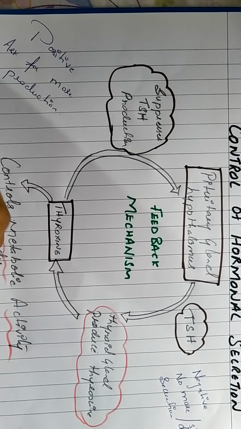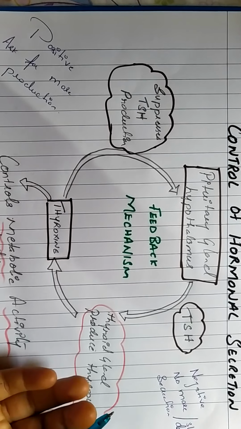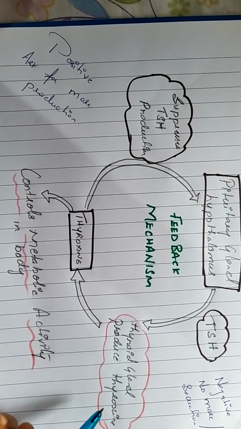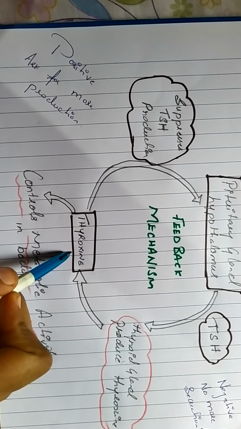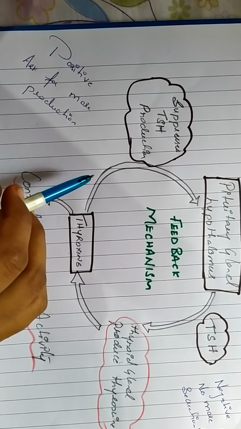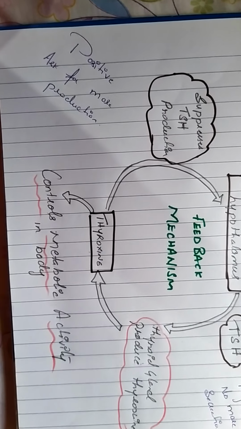During positive feedback, if the level of thyroxine is less than normal, the hypothalamus produces more thyroid stimulating hormone. As a result, the anterior lobe of the pituitary in turn produces more hormone, and the thyroid gland releases more thyroxine, raising the level in the blood.